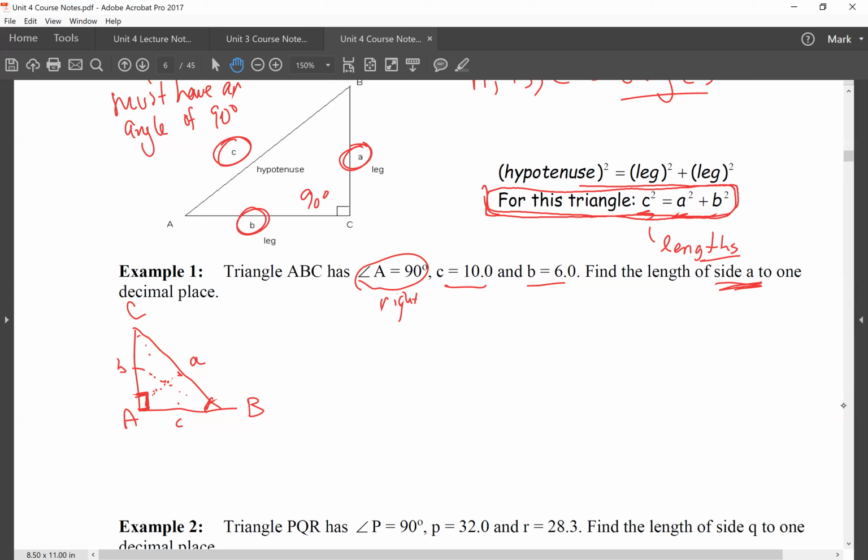So the Pythagorean theorem says that the longest side, this is called the hypotenuse, will equal the lengths of the other two sides squared and added together. Now, this is where I'm assuming some of you are getting confused, saying whoa, this is not the same as this.